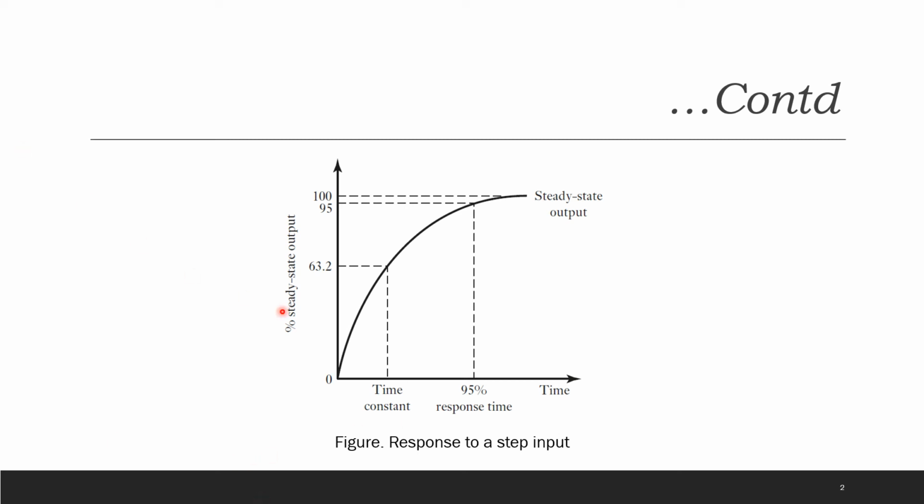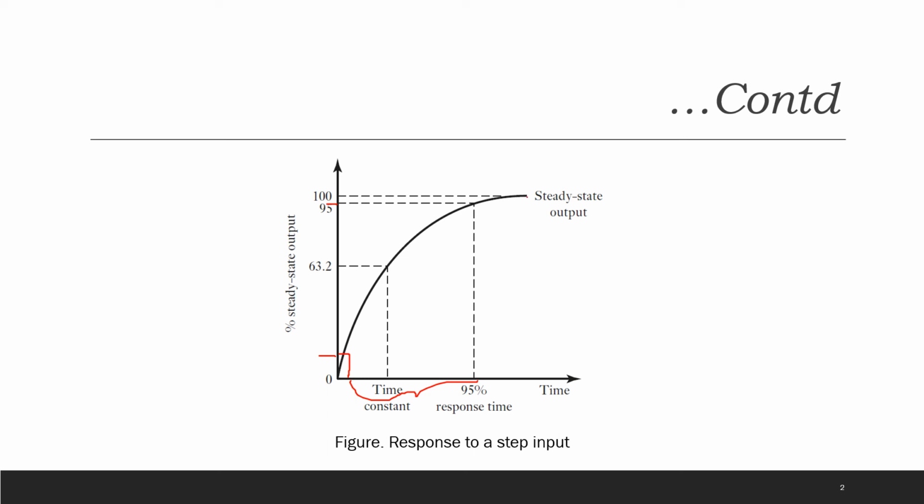The next one is the rise time, which is the time taken for the output to vary from 10% to 95%. Let's say this is the 10% and this is the 95% value. The time taken for the corresponding change from here to this value, this interval, will be the rise time. And finally the settling time: here the output has reached 100%.